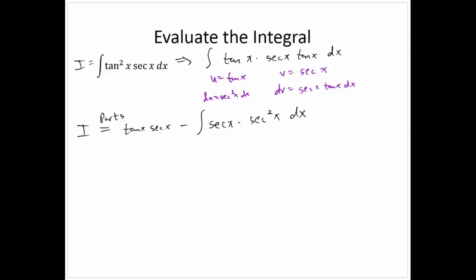Well, now this doesn't look much better because now I've got a secant cube x. So, all right, what if I now use an identity? I know that secant square x is equal to 1 plus tangent square x.